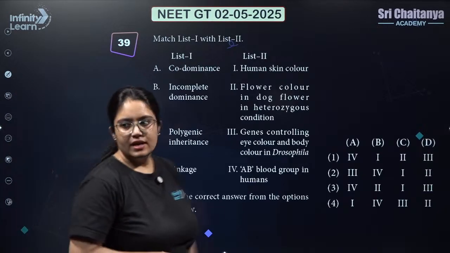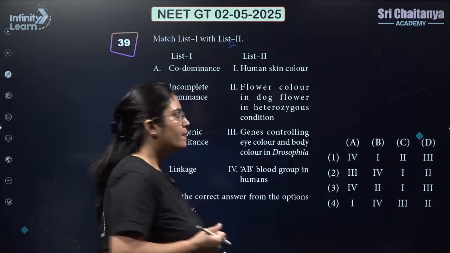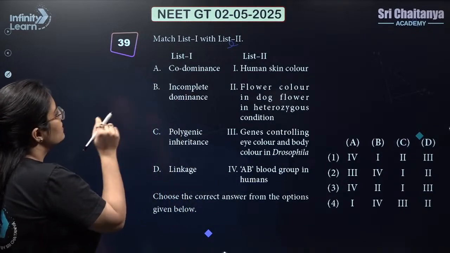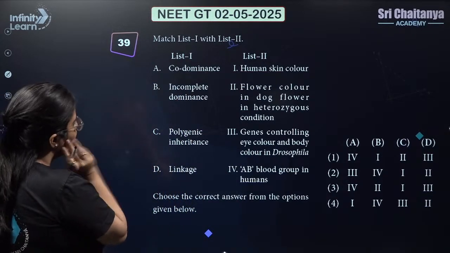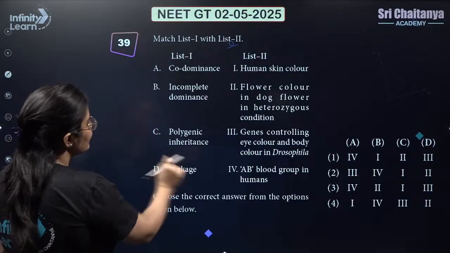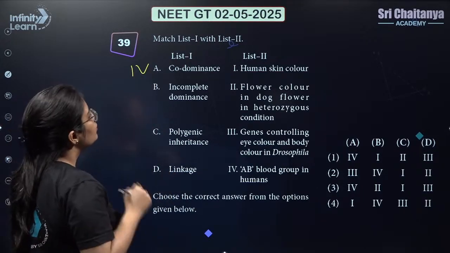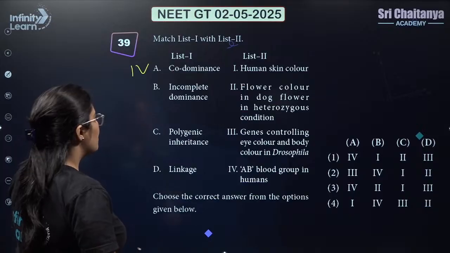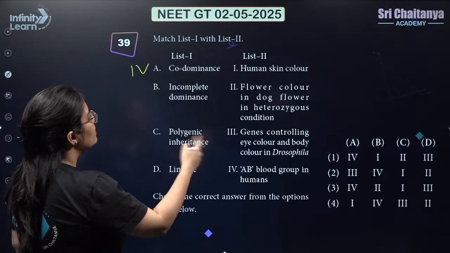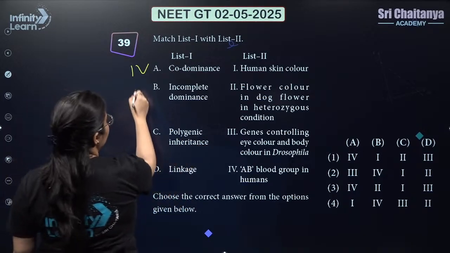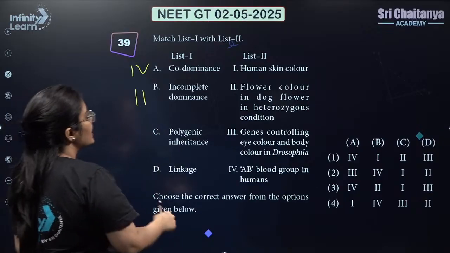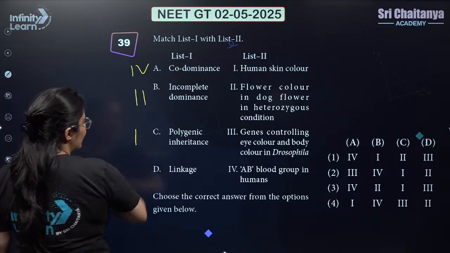Next question. Now listen to this carefully. List 1 and list 2 you have to match. Codominance, AB blood group is the example. Incomplete dominance, flower color in dog flower in heterozygous condition. Polygenic inheritance, human skin color.